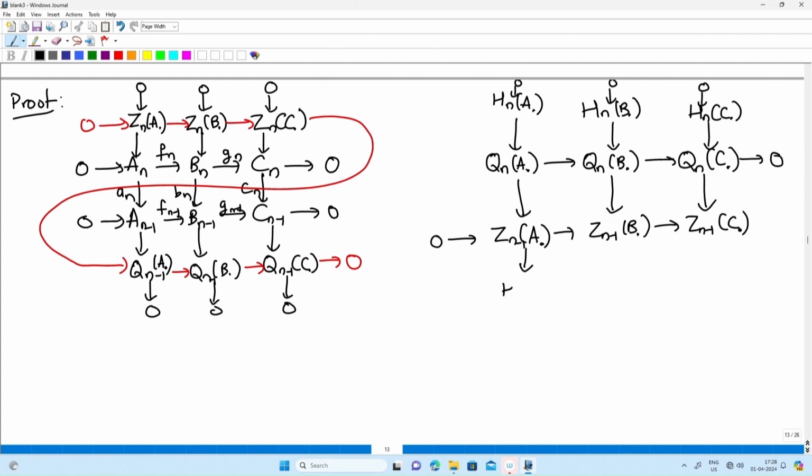So you can see that this exactly gives us what we need. So this will be Hn a dot, Hn minus 1 a dot, Hn minus 1 b dot, and Hn minus 1 c dot. And this map will be surjective, surjective, surjective. All of these are surjective. I shouldn't be drawing this middle one. And then again, apply the snake lemma to this particular diagram to obtain this.